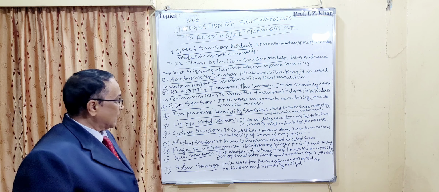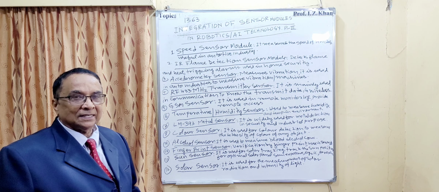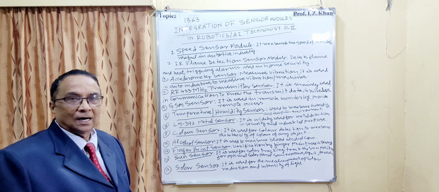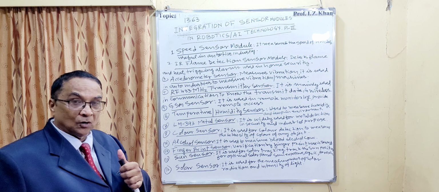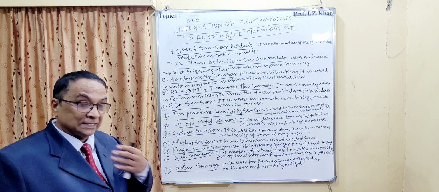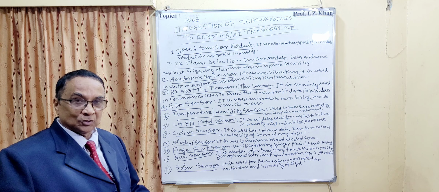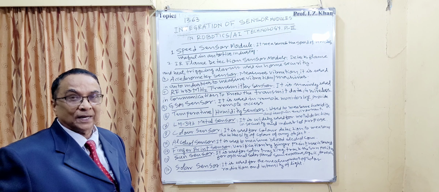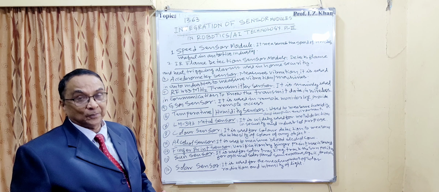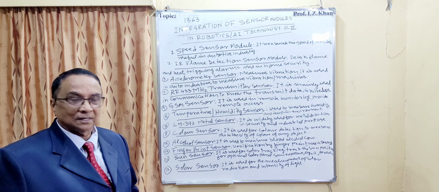Number nine, alcohol sensor. It is used to measure the percentage of alcohol in your blood, because once your breath is there, whatever vapor is coming from inside the mouth, this is so sensitive that it will detect what percentage of alcohol is there in your blood, whether you have taken alcohol or not. Especially it is checked for driving purposes, because alcohol is prohibited during driving.